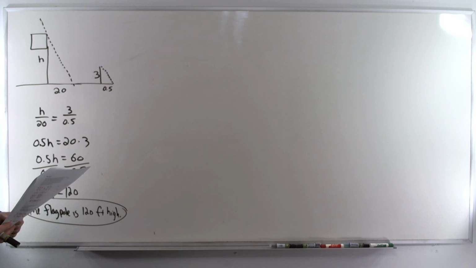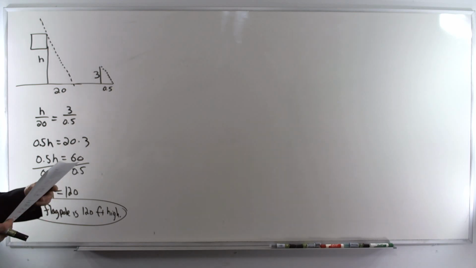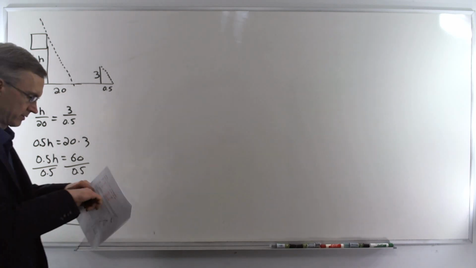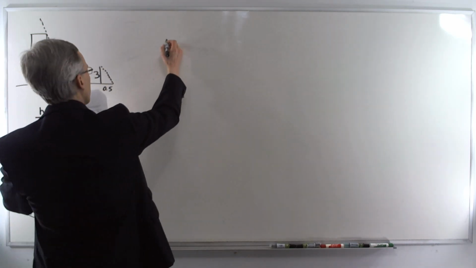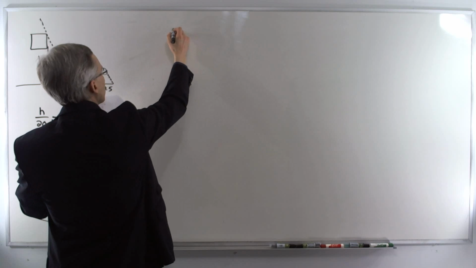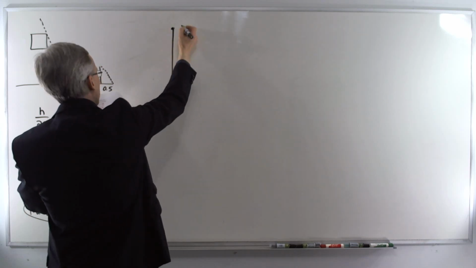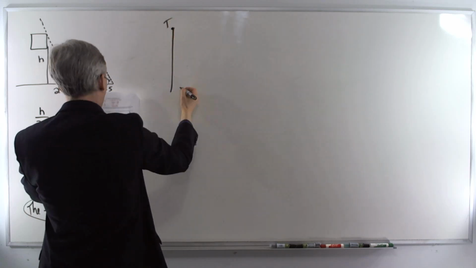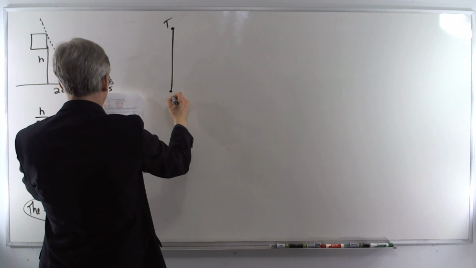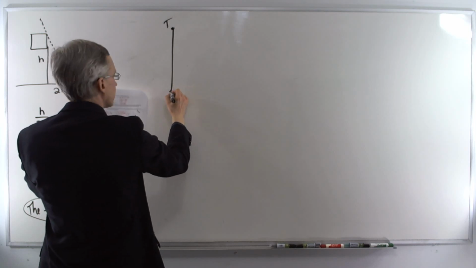Now sometimes the similar triangles are going to overlap each other, and in this case, it's really helpful to just draw them separately. So we have here a light source up here at T. It's a street light.